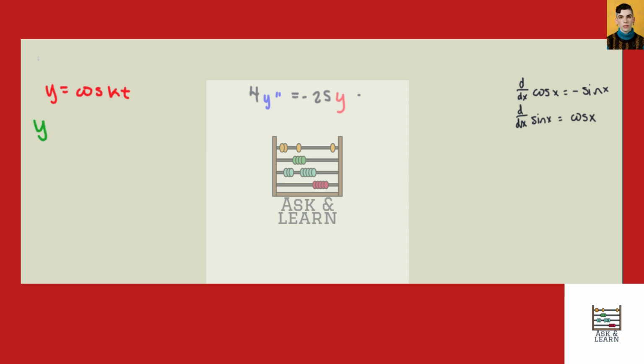So y prime equals, using chain rule, we take the derivative of the outside, so cosine changes to negative sine, and we leave the inside the same, times the derivative of our inside, which is k. So we simplify this.